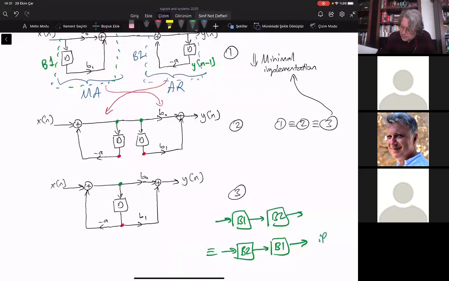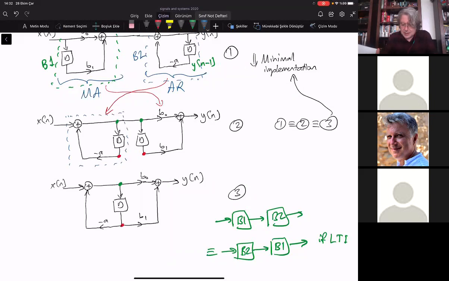Of course, if the systems are linear and time invariant, and here the systems are linear and time invariant, so I just interchange the places of B1 and B2. First I plot B2, which is here.